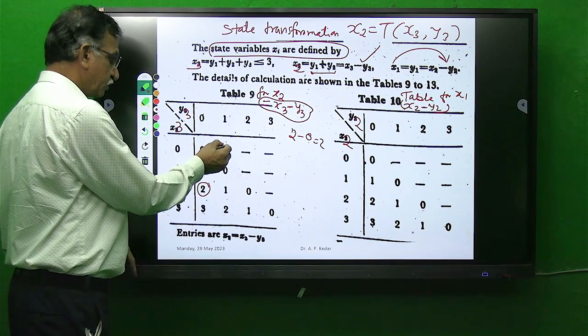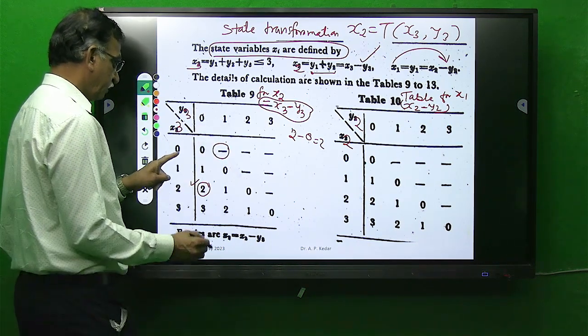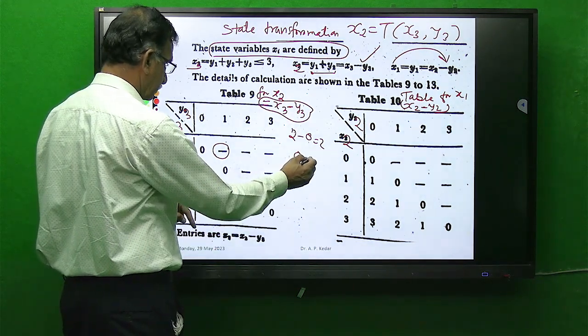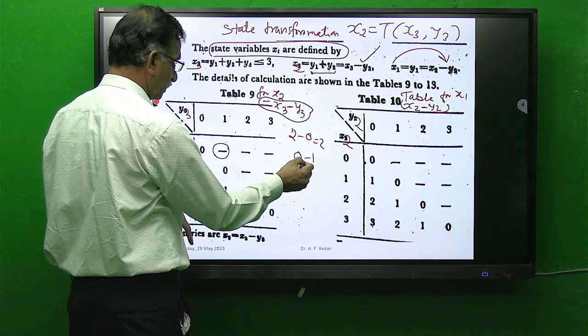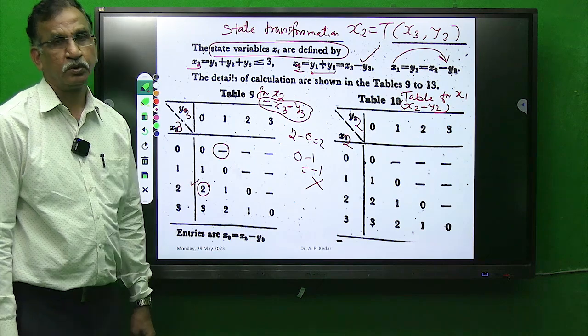Now why there is dash, that we'll see. So it is 1 and 0. So 0 minus this value is 1. So minus 1 is not our value.